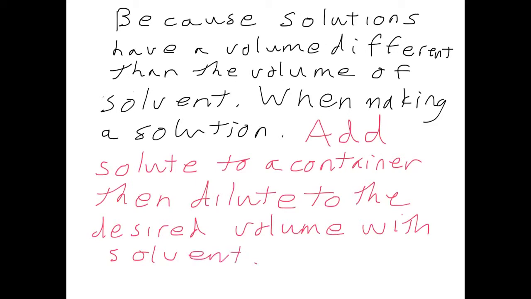Because solutions have a volume different than the volume of solvent, when making a solution, add solute to a container, then dilute to the desired volume with solvent.